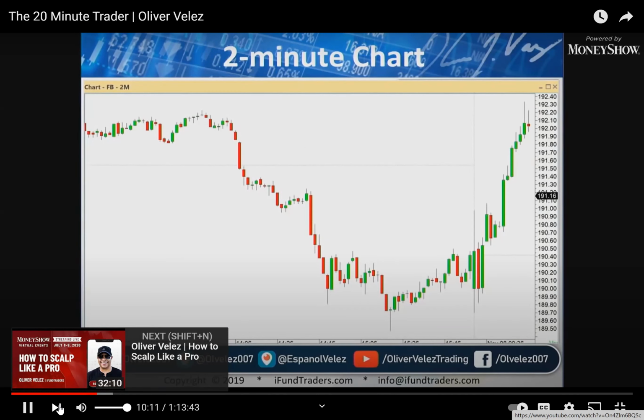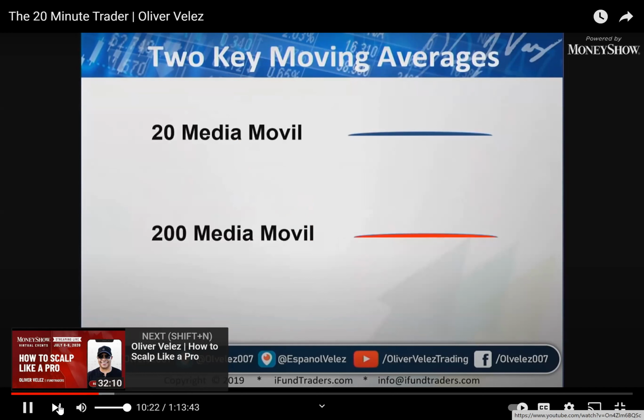Now, we need a 20-period simple moving average, which is going to average the last 20 bars so that we see a 20-bar average, and we want to see a 200-bar average. So there's a short period moving average, a short one, and a long one.